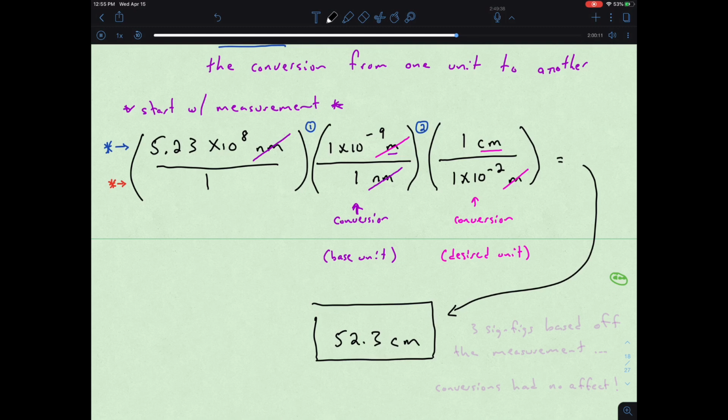We started with 3 sig figs, so we should have 3 sig figs as well. And this is based off the measurement. The conversions that we did had no effect.